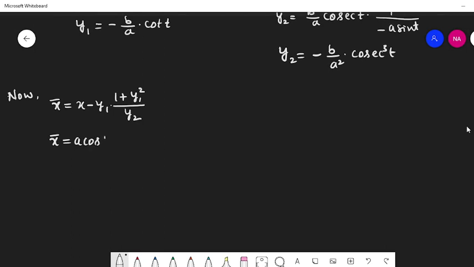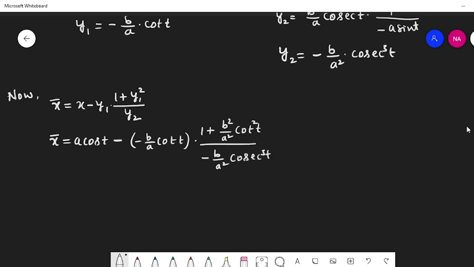So I got x bar to be a cos t minus, here minus b by a cot t into 1 plus y1 square, that is b square by a square cot square t, divided by minus b by a square cosecant cube t. So let us put a bracket for this.